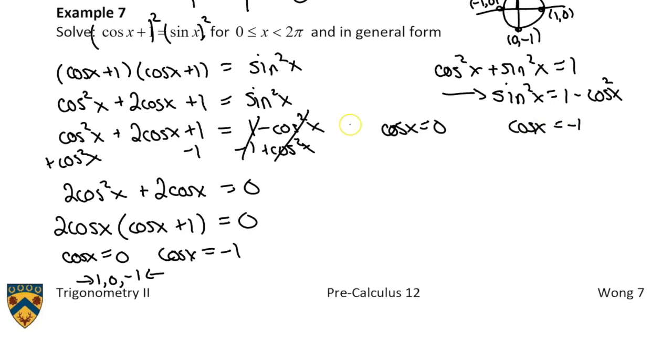And so from there, if you want to do a mini graph, you can do a mini graph. If you want to draw your quadrants, you could draw your quadrants, and you would find that cosine, which is equivalent to your x value, is going to be 0 at pi over 2 and 3 pi over 2.